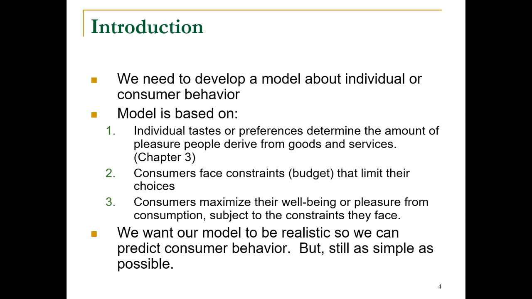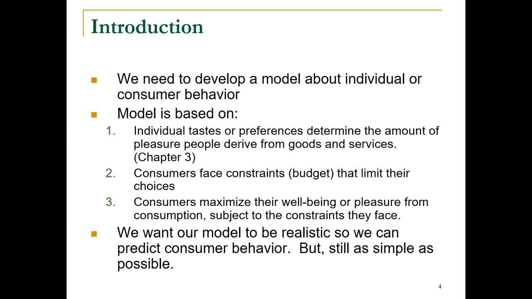All right, and this thing I'm going to call a model. A model in economics is just something we use to simplify reality. So in this case we should come up with a model that is going to explain how consumers behave, right?